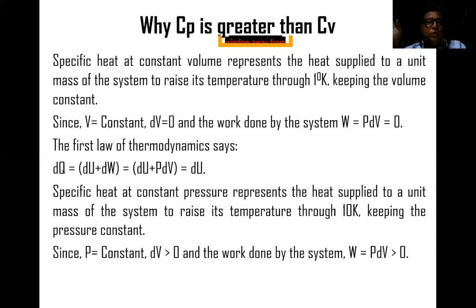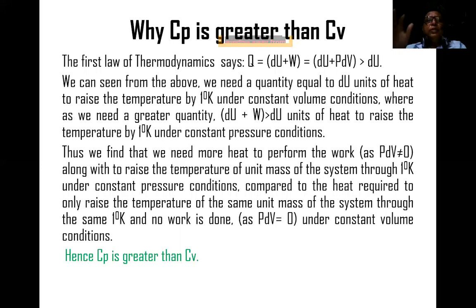Since P is constant, dV is greater than 0 and the work done by the system W is equal to PdV, greater than 0. Why is Cp greater than Cv? The first law of thermodynamics says Q, meaning heat, is equal to du plus W, and W is PdV. We put this value there, then Q is greater than du.